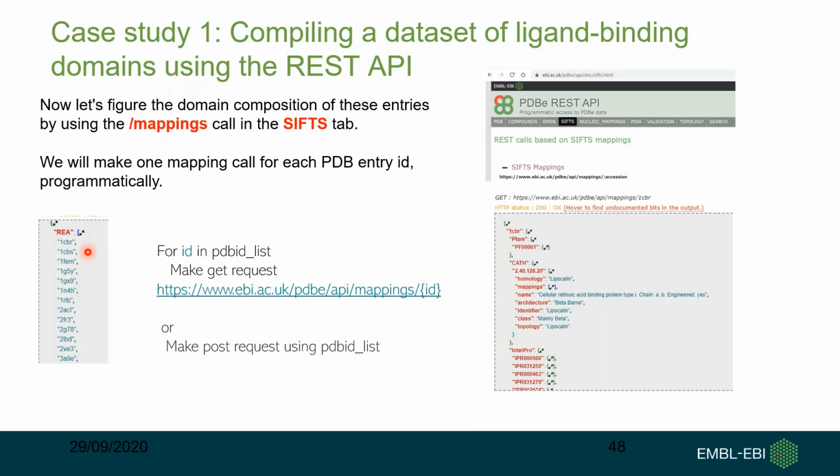You can programmatically request this link, which is the SIFTS endpoint, for each PDB ID, and that means that you make multiple GET requests, or you can make a single POST request using the entire PDB ID list. This is how the output looks. The output for the SIFTS mapping call is the mapping to external databases, for example, here CATH, a mapping to PFAM, and a mapping to InterPro.